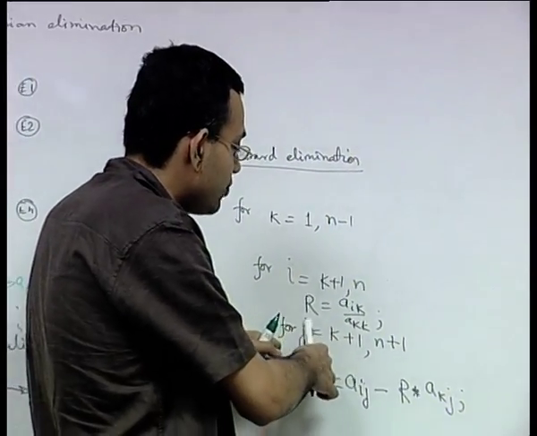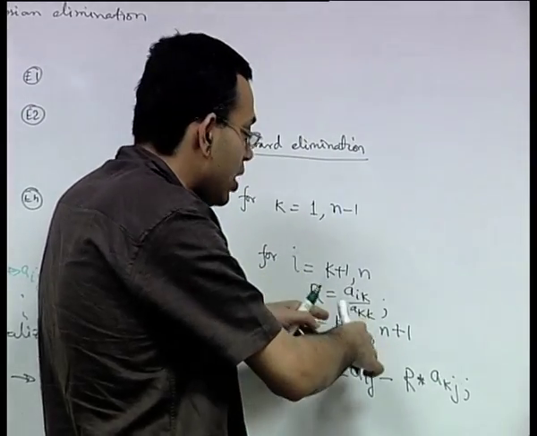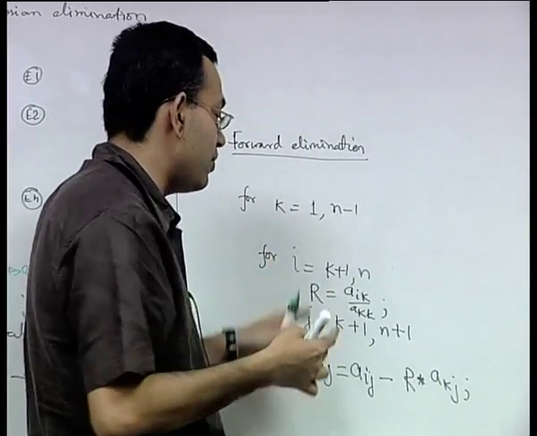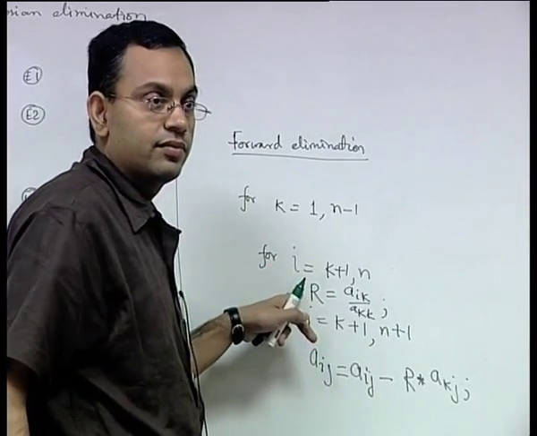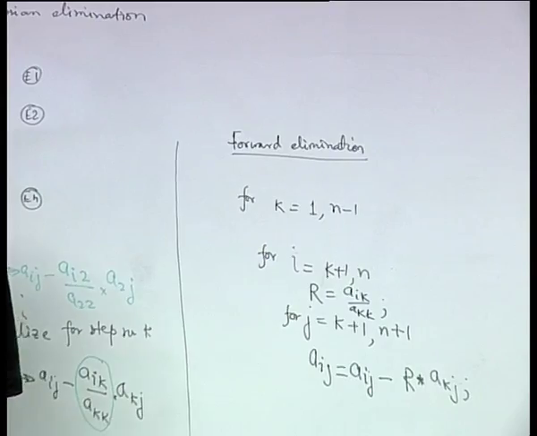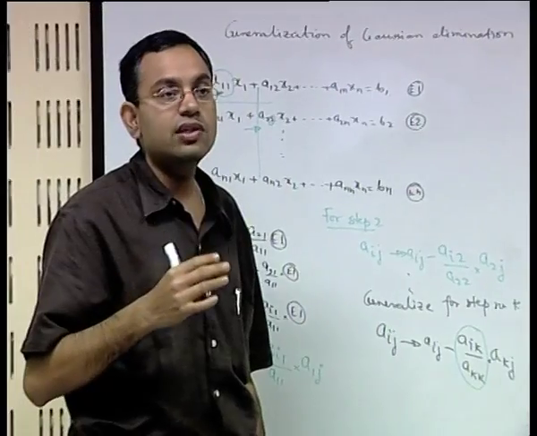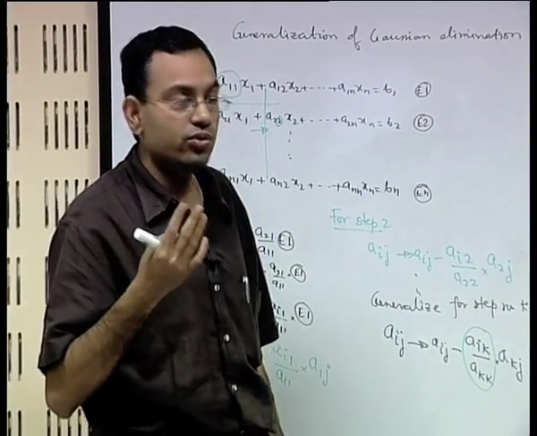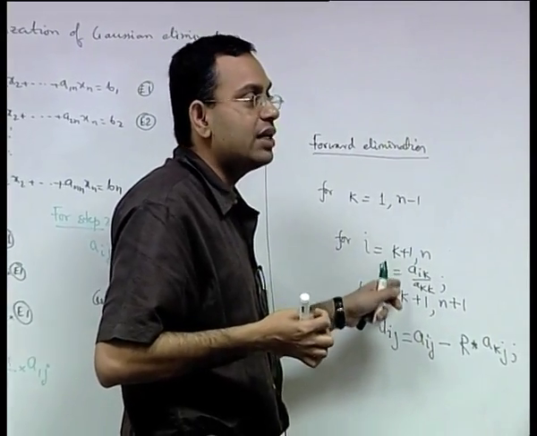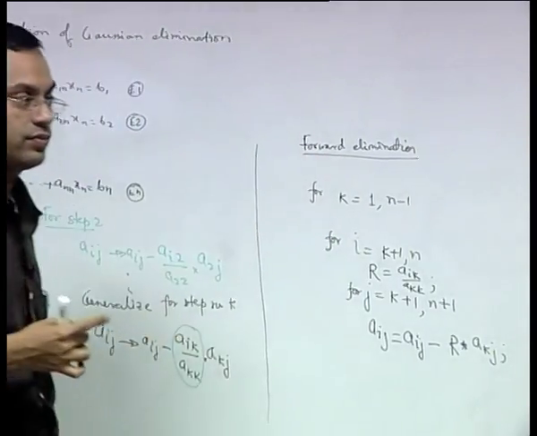So when j goes from k plus 1 to n plus 1, if this r was inside, it would have gone up to that many number of times extra calculation of r unnecessarily. So this is an important thing that you have to be careful about, what calculation you put inside a loop, what calculation you put outside the loop. You should not put a calculation inside a loop where it is not necessary to go through that many number of times inside the loop.